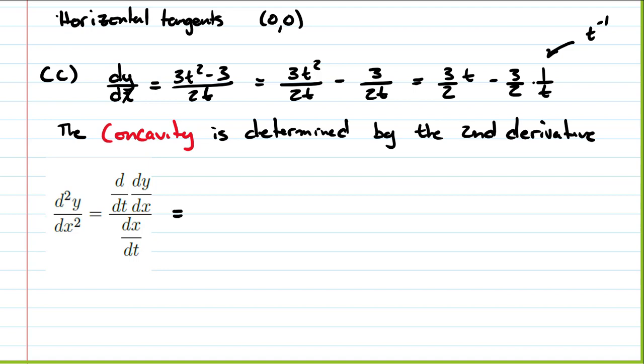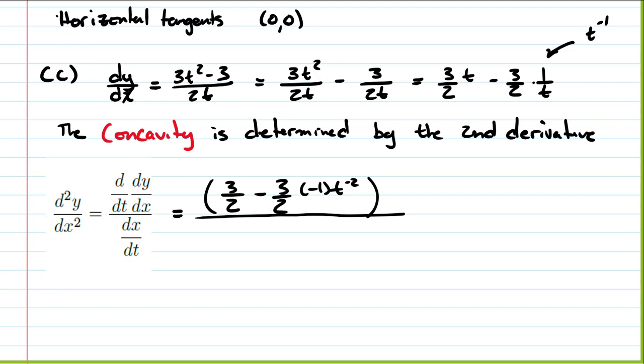So then d/dt of dy/dx is going to be, well, the derivative of 3/2 t is just going to be 3/2, minus 3/2 times the derivative of t to the negative 1, which is negative 1 t to the negative 2, over dx/dt. Well, x is t squared, so dx/dt is going to be 2t once again.